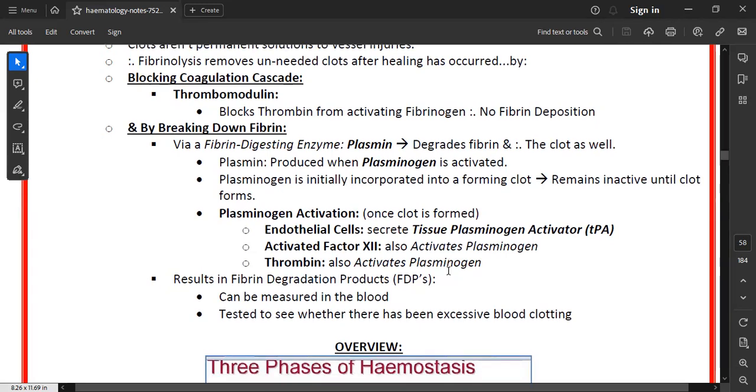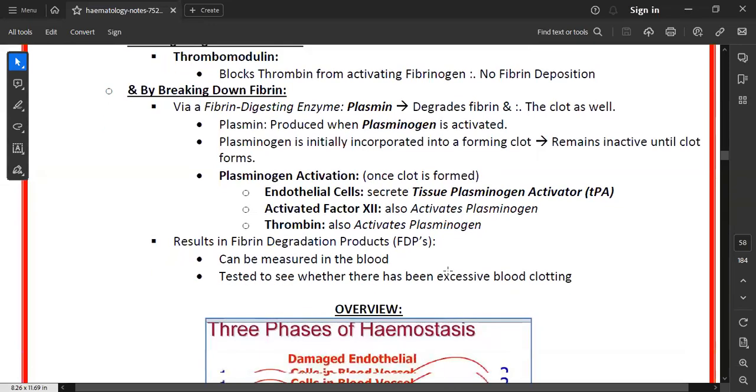So once the fibrous clot is broken down, that's when it leads to the formation of fibrin degradation products. These ones are clinically important because they can be measured in blood, and this can help diagnose things like internal bleeding at one point or another, because they will appear when the blood is tested.